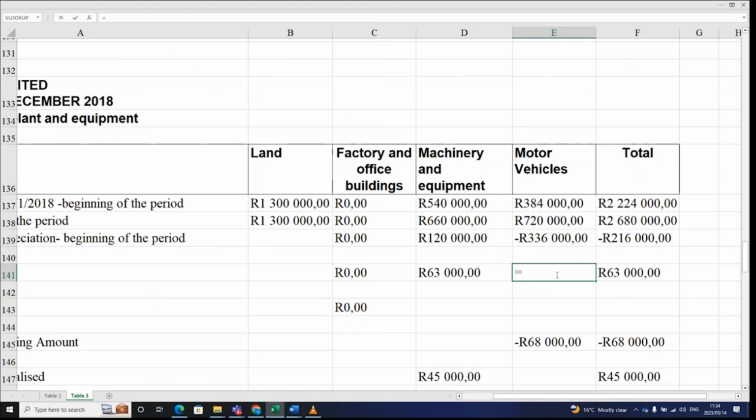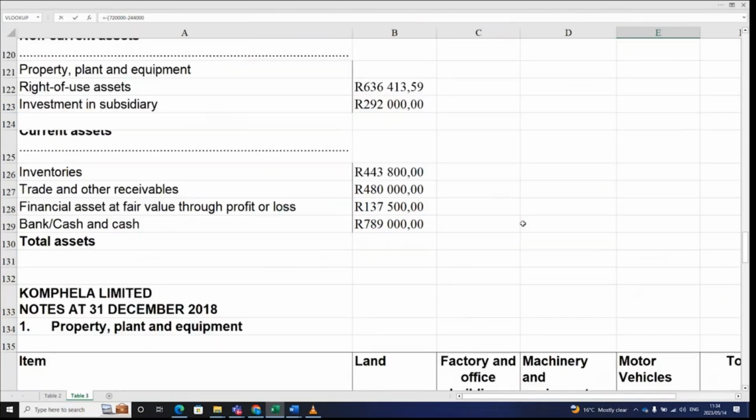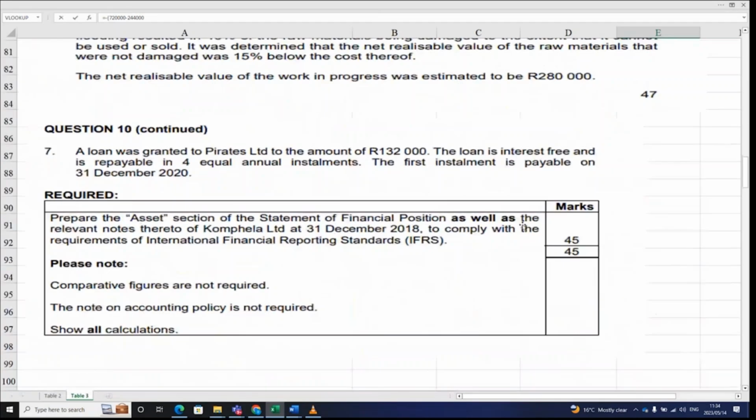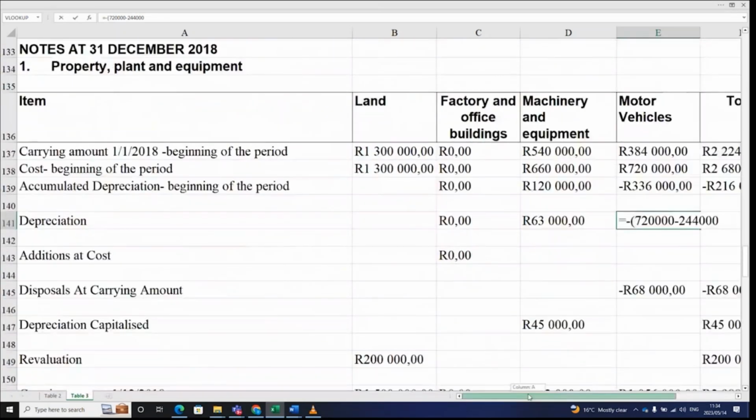Okay, so to get the cost of those assets, we will first have to say, let's put it negatively, 720,000 minus 240,000, which is the cost of the asset that was disposed.